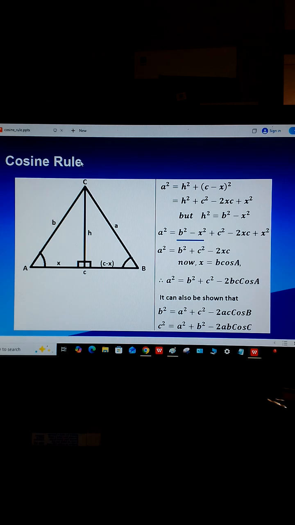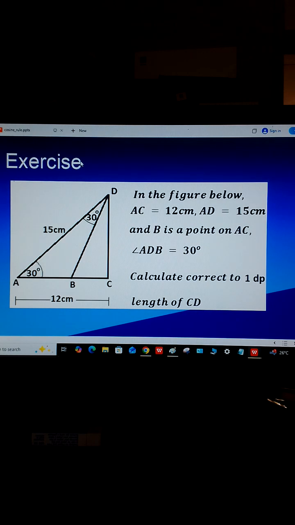And then we want to see how we can apply that knowledge to solve triangles that require the cosine rule. We have this exercise as an example.